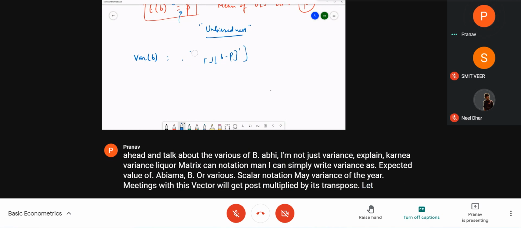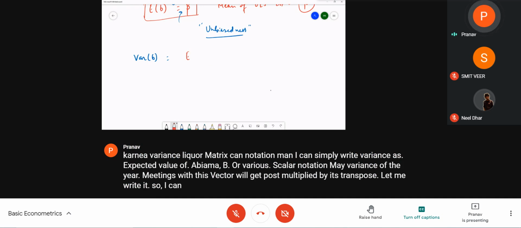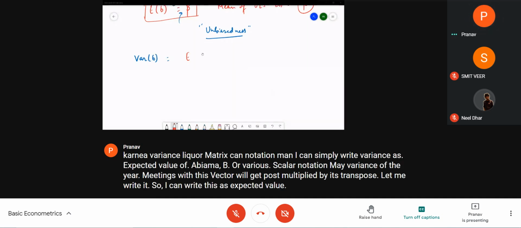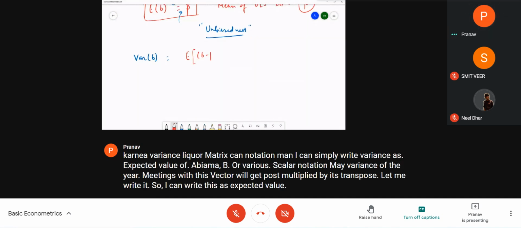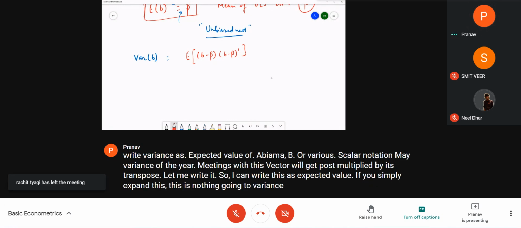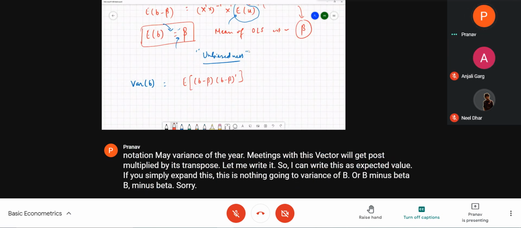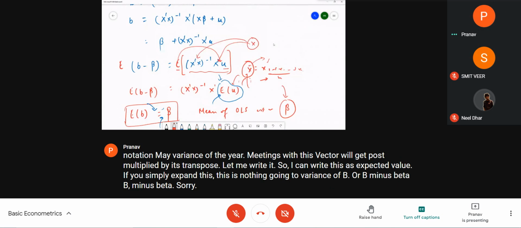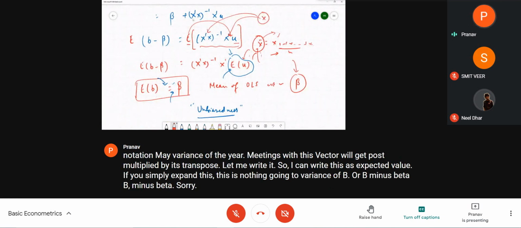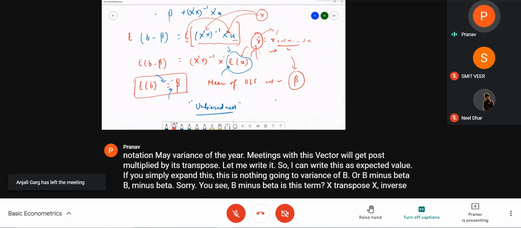Let me write it. So I can write this as expected value of, now if you simply expand, this is nothing but the variance of B, and B minus beta we also saw. B minus beta is this term, X transpose X inverse multiplied by X transpose mu.